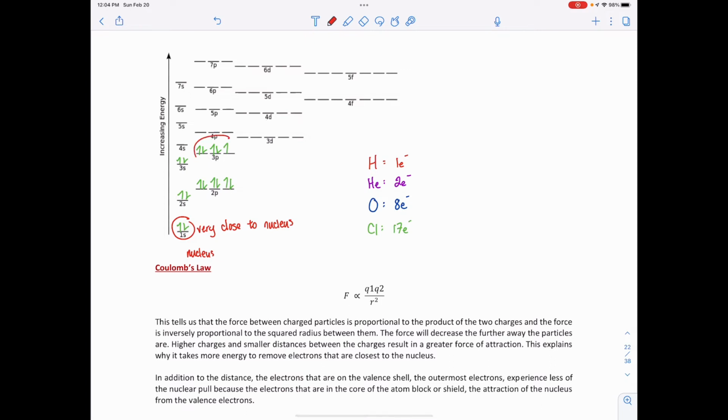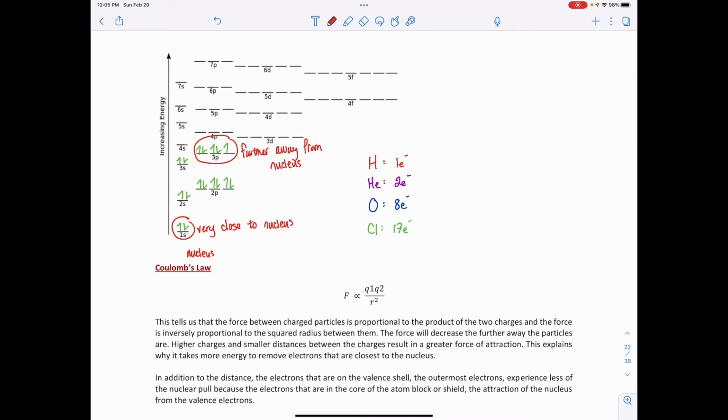Whereas these electrons here are further away from the nucleus. So if you are ionizing this atom, if you're removing electrons, chances are you will be removing the electrons from the 3p orbitals first, because they're further away, and because they're further away, the force of attraction is going to be a lot less.